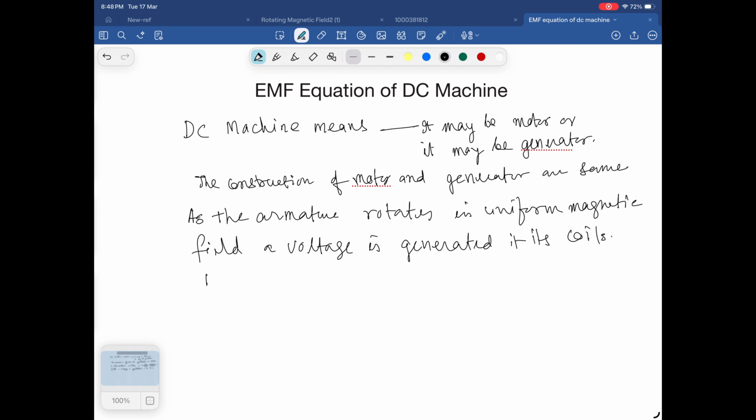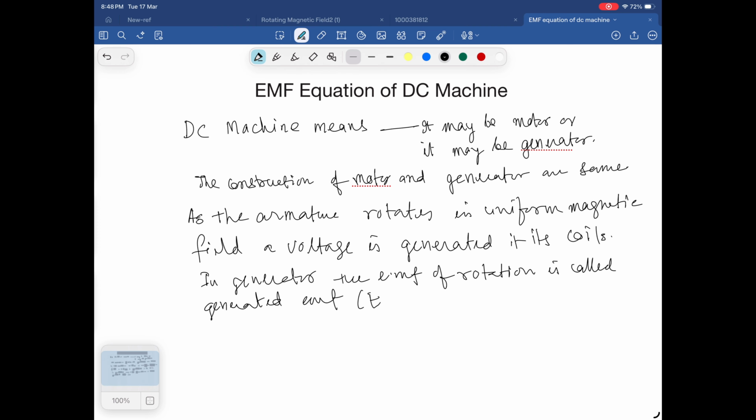So, in case of a generator, the EMF of rotation is called generated EMF, which is denoted as EG. In case of a motor, the EMF of rotation is known as back EMF or counter EMF and denoted as EB.